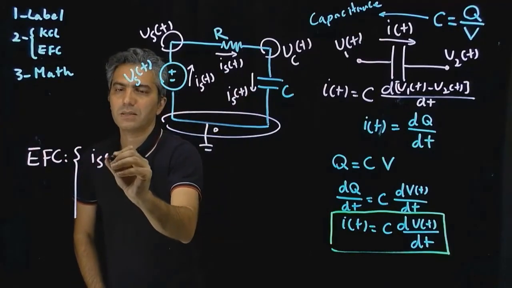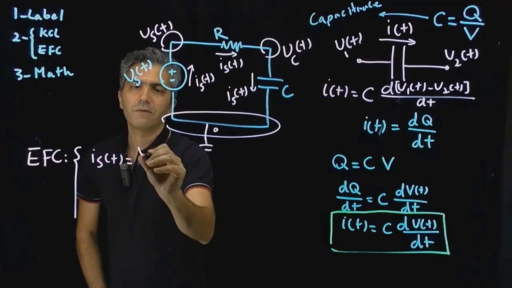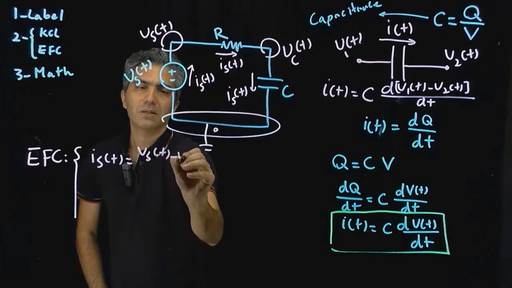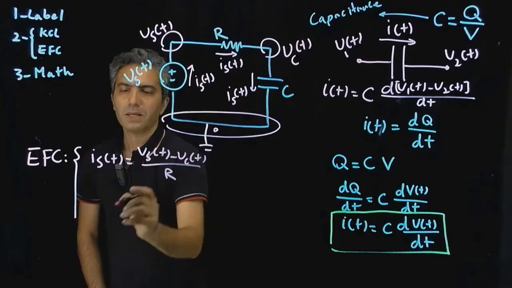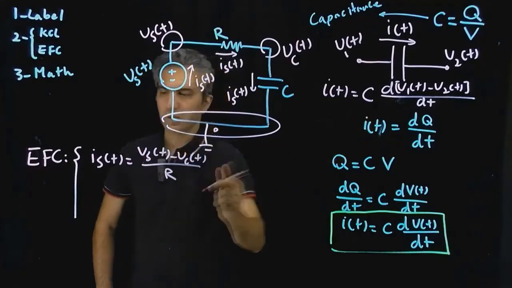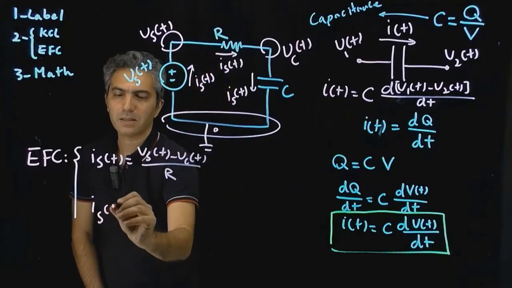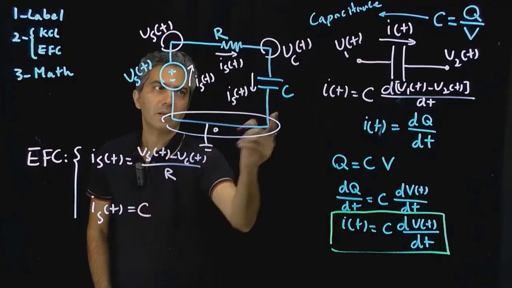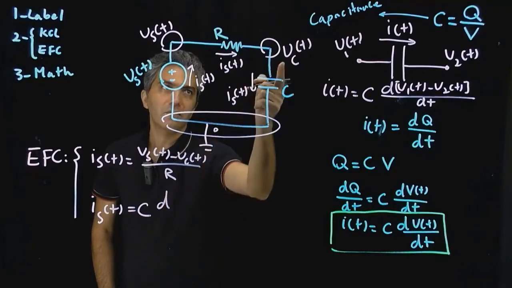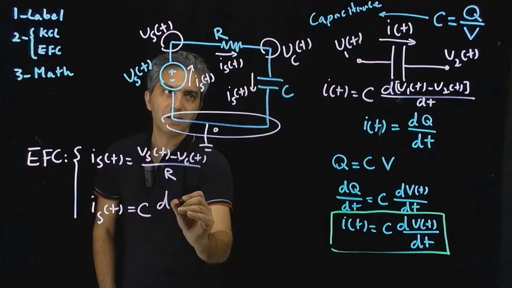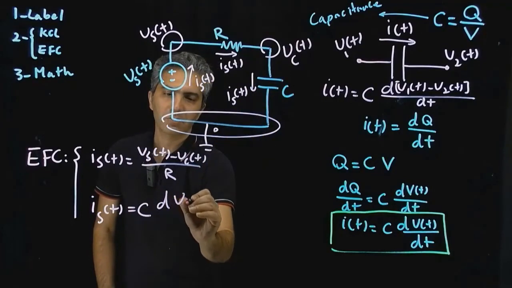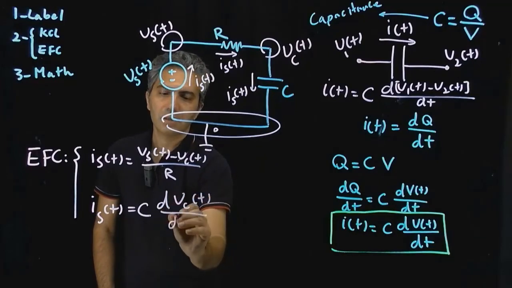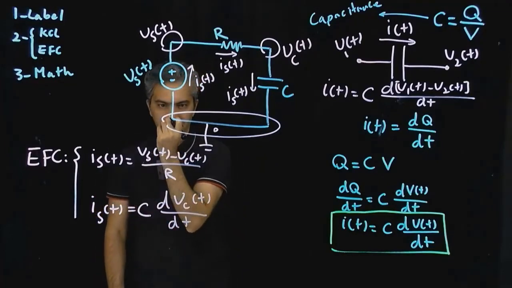So IST is equal to VST minus VCT divided by R. For the capacitor, I use that equation. IST, the current passing through the capacitor, is equal to C, the capacitance value, times d of the voltage on one side, which is VCT, minus the other side, which is 0, so that would be C dVCT/dt.